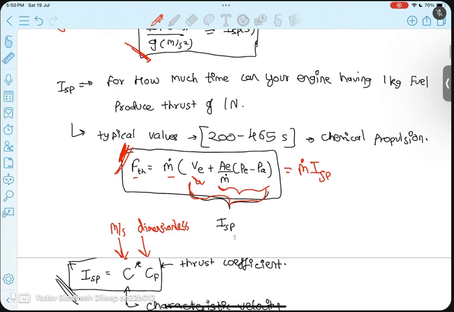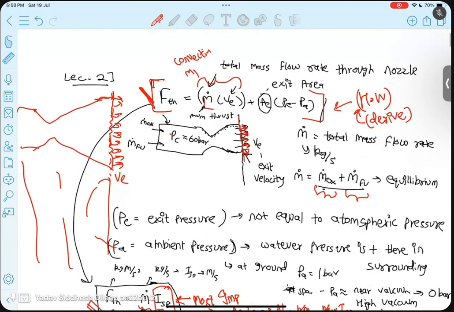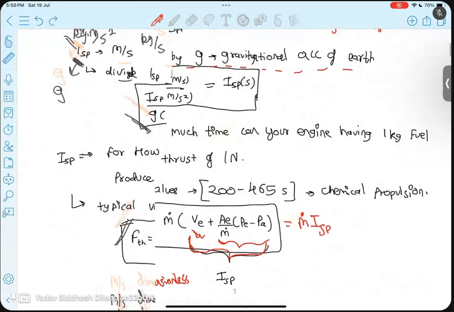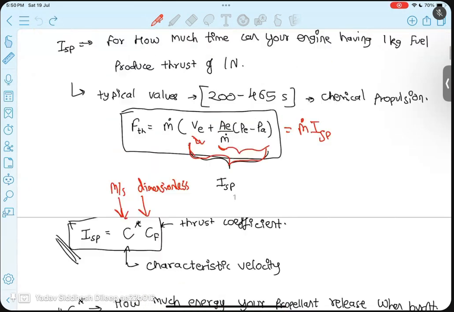If you take m dot common from the above equation of thrust, then you have a very big term over here that is called overall exhaust velocity. This is a velocity and this is another part of velocity. If you check the unit, this will also have the unit of velocity, and hence Isp is called the overall exhaust velocity.